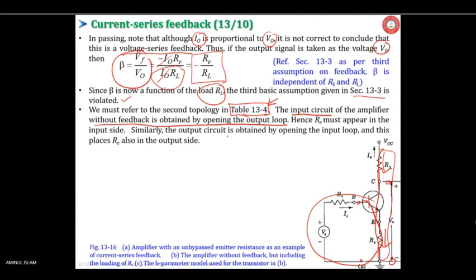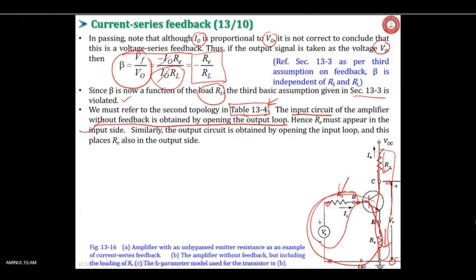Hence RE must appear in the input side. Similarly, the output circuit is obtained by opening the input loop. Opening the input loop means the current is made 0. This II is made 0, and that can be done by opening it. From here to here you open it. I mean this is disconnected, for example. Or rather you can disconnect from here, if you consider RS as part of the amplifier.